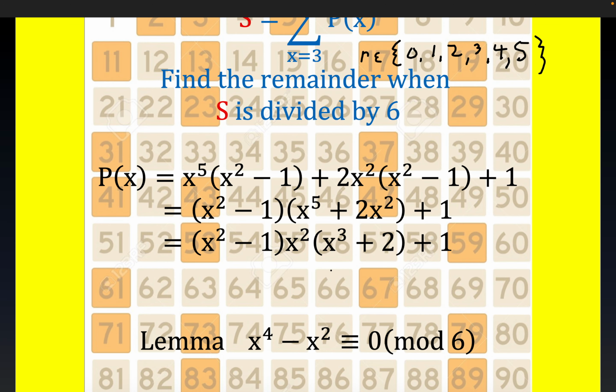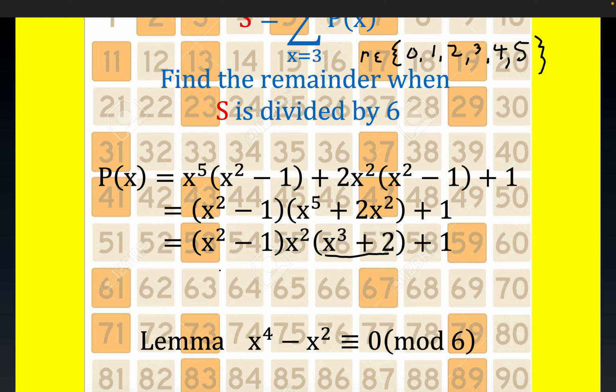This piece, the x cubed plus 2, would only be congruent to 0 mod 6 when x is 4. 4 cubed is 64, so if x was 4, you would have 66 in there, and that would be divisible by 6. But that's the only time this part is divisible by 6.